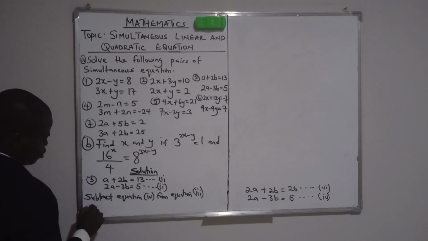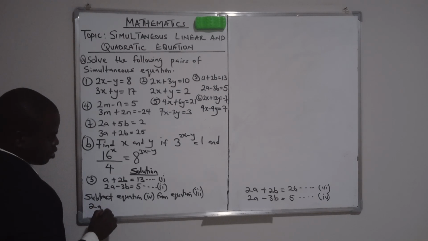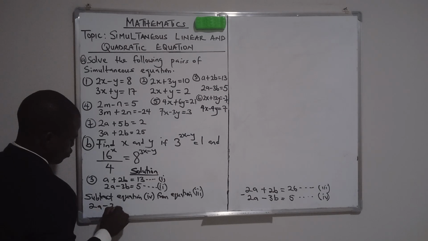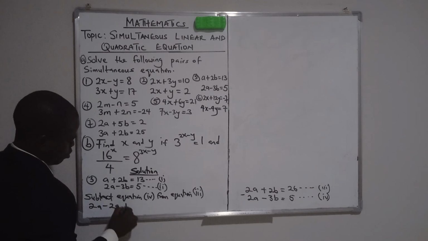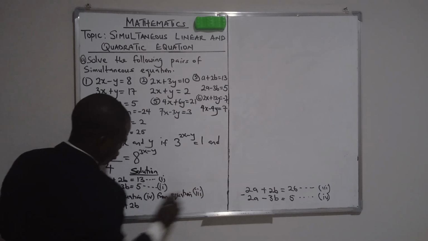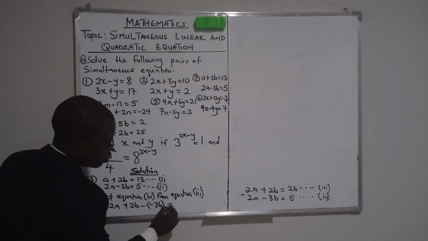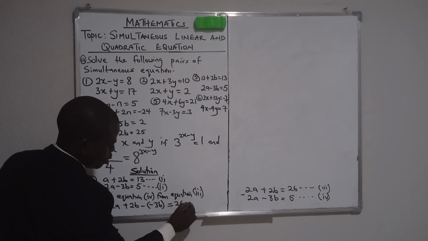When you do that, you're having 2a minus 2a plus 2b minus another minus 3b equals 26 minus 5.